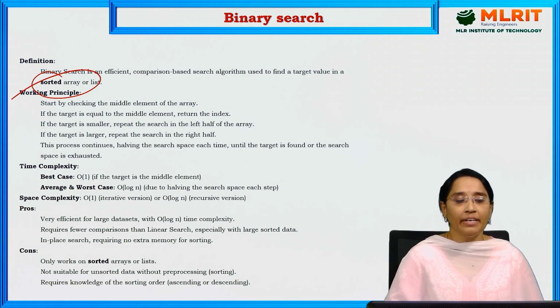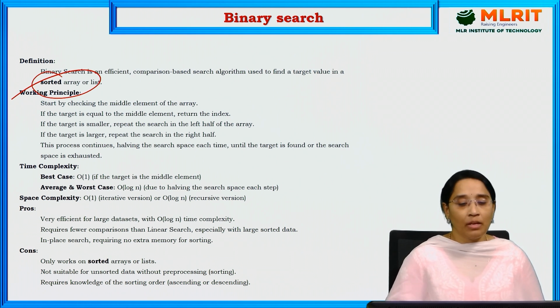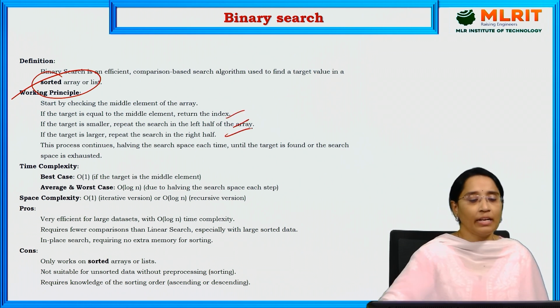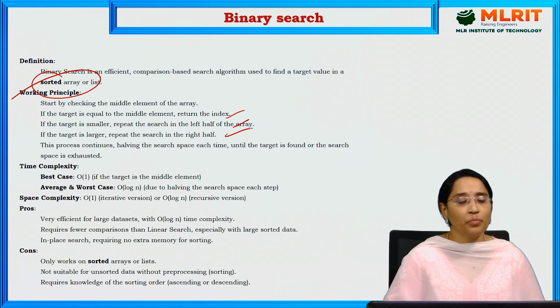If the target is larger, repeat the search in the right half. I'll explain these points with an example. This process continues, halving the search space each time until the target is found or the search space is exhausted.